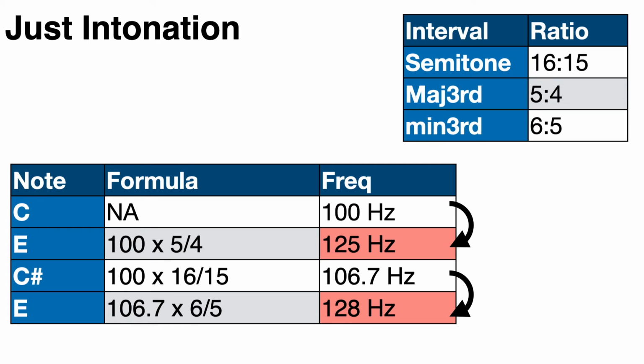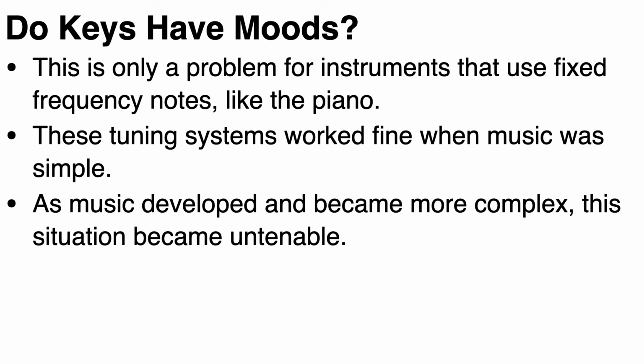So again, we find that this tuning system will work fine if we never change key. But as soon as we try to do something a little bit more interesting, like modulate, it all falls apart. I should also say, incidentally, that this is only a problem for instruments that use fixed frequency notes like the piano. Fretless instruments and vocals can and generally do play and sing with just intonation.